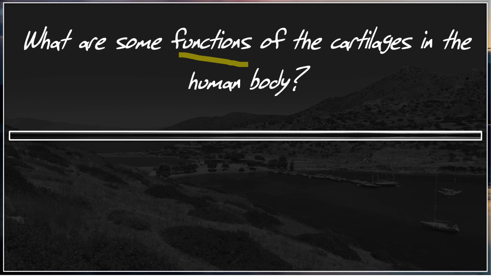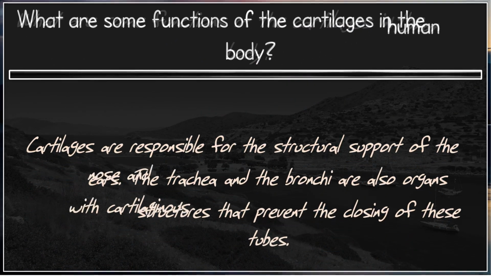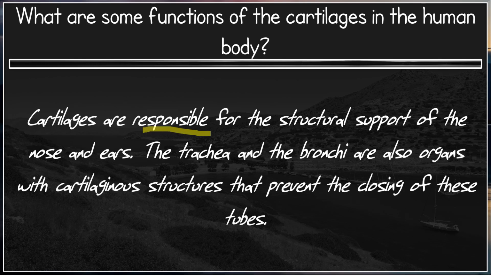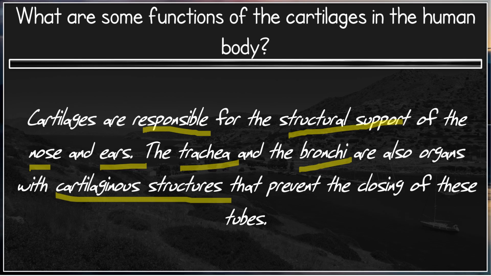What are some functions of the cartilages in the human body? Cartilages are responsible for the structural support of the nose and ears. Trachea and bronchi are also organs with cartilaginous structures that prevent the closing of these tubes.